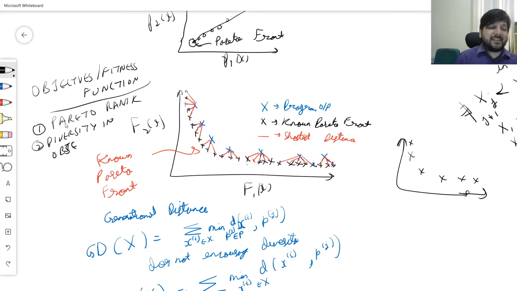So that's my criterion for deciding a solution is good or bad. And something that I did not speak about because it was already covered in the previous lecture, which is diversity in the decision space.